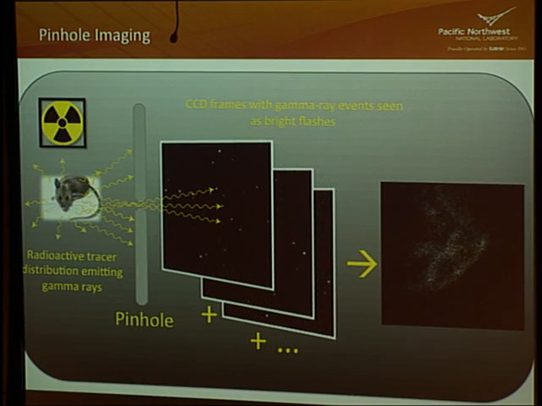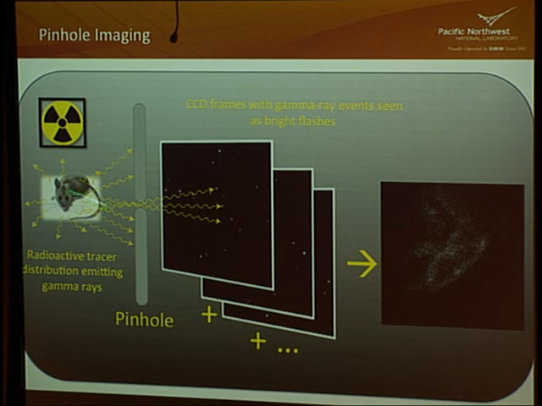You can do the same thing with gamma rays, but your pinhole needs to be a little bit different. It has some more characteristics related to gamma rays. Here we have a mouse that has been injected with a radiopharmaceutical that has preferential uptake in the bone.